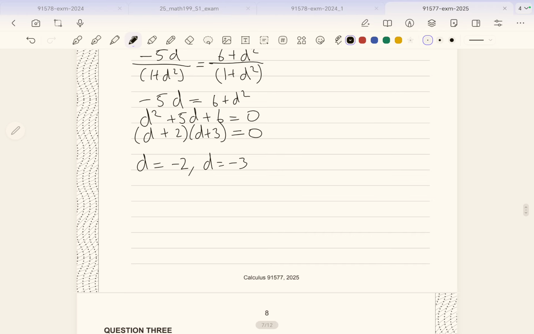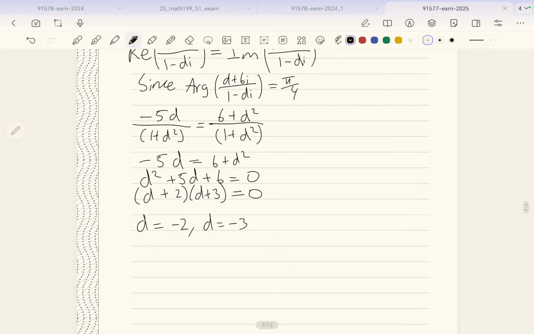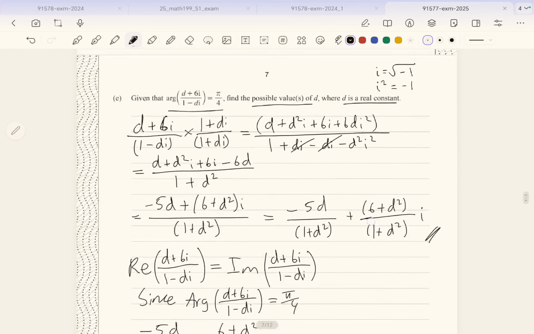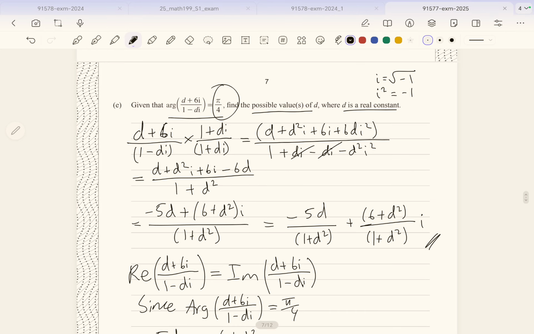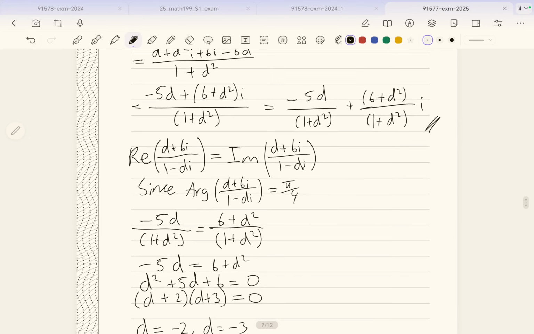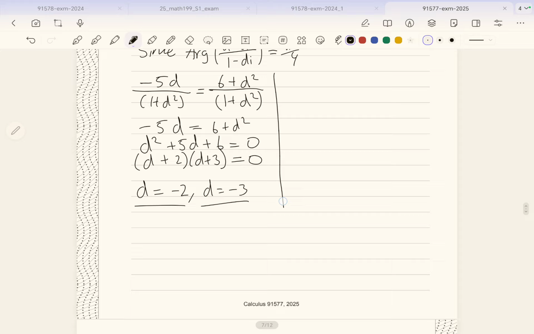Now for these kind of questions, you also want to make sure that your solutions result in the argument being pi on 4. So testing it by putting into this expression here, we'll call this off.